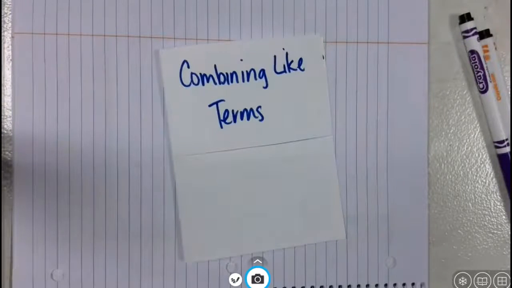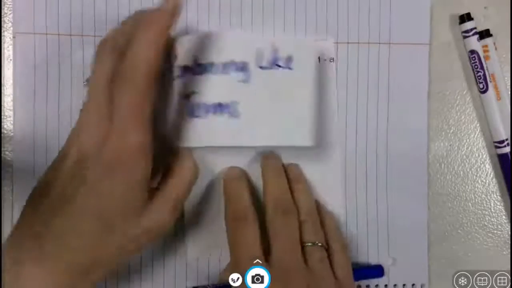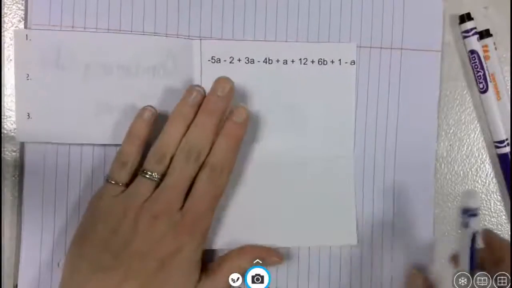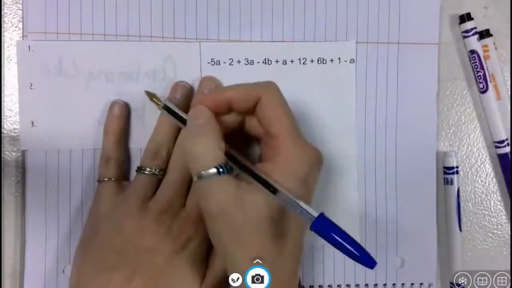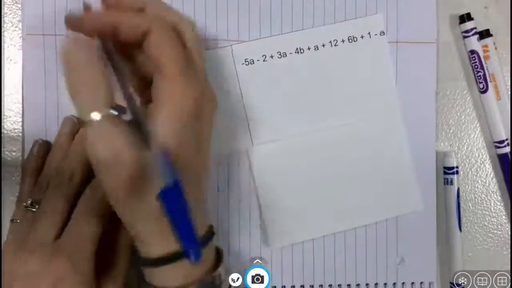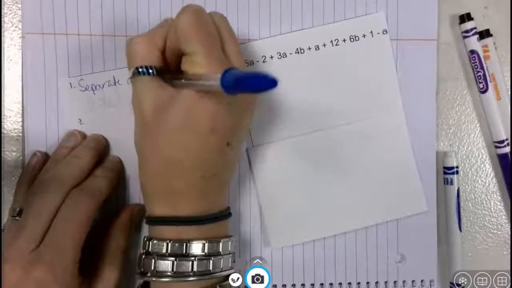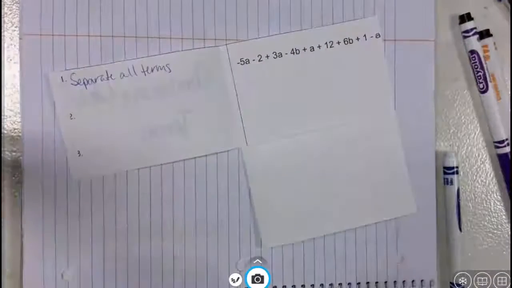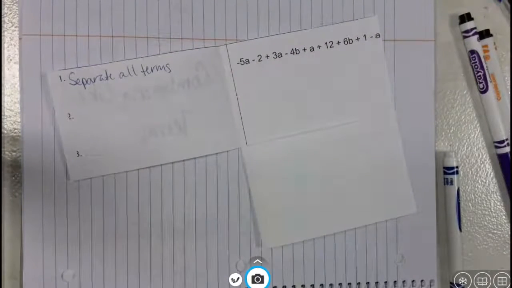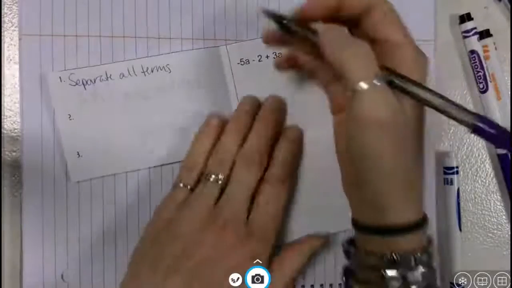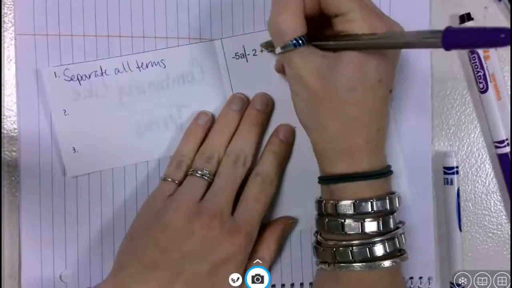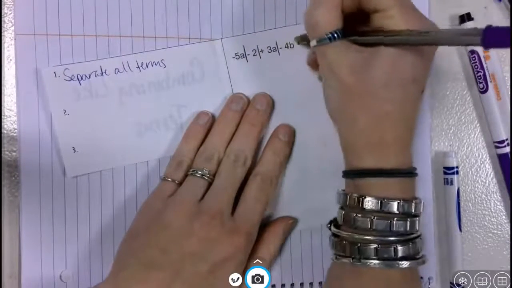Okay. So when we're combining like terms, you'll notice if you flip this open, we have 3 different steps that we're going to be working on. So the first step is we're going to separate all the terms. And the easiest way to separate them is with a line. So I'm going to go ahead and use a different colored pen and just kind of make straight up and down marks.